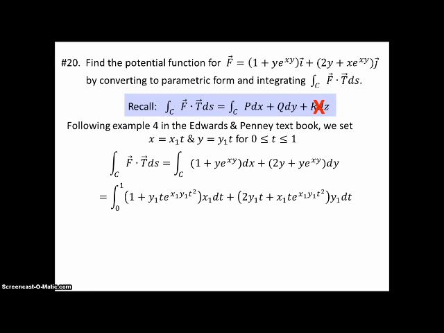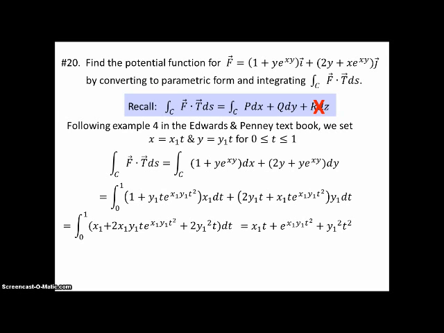Okay, so now we have something that looks pretty horrible, but we can simplify that by collecting like terms and factoring out the dt. And now we've got something that we can work with. We're going to take the antiderivative with respect to t. So we get x1 t, and then notice that we have a 2t in front of the exponential term, and so that's the derivative of t squared, and so the 2t goes away.